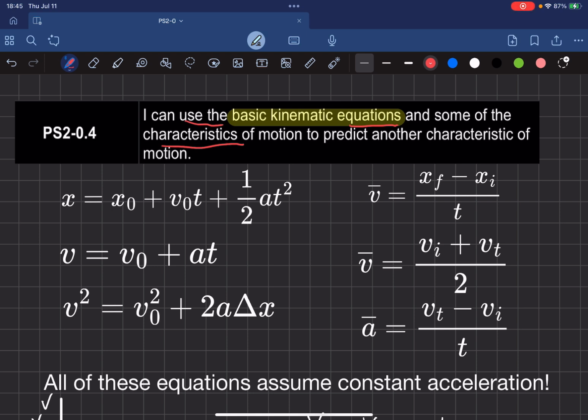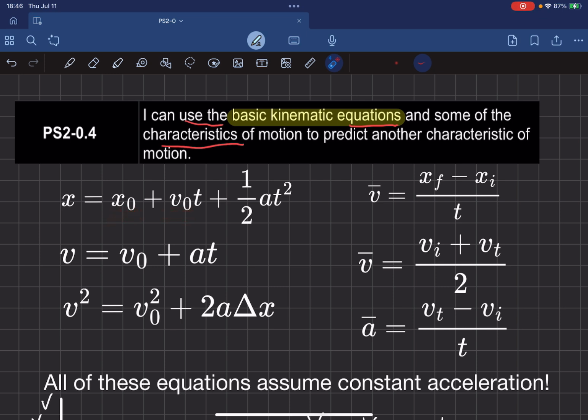These below are going to be the 6 kinematic equations that we are going to use in this class. The very first one, we have x is equal to x naught plus v naught times t plus 1/2 acceleration times t squared. Now this x naught and v naught essentially mean initial position and initial velocity.